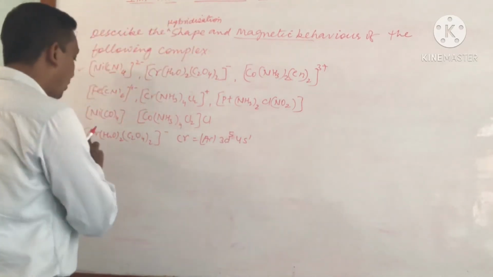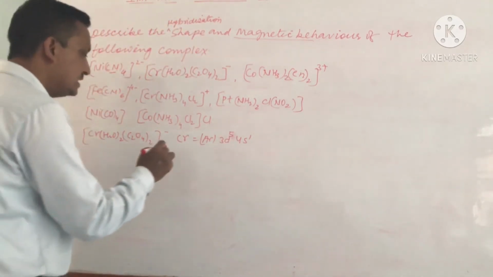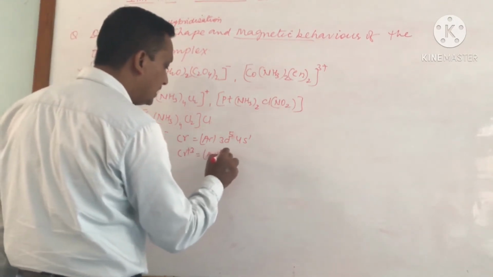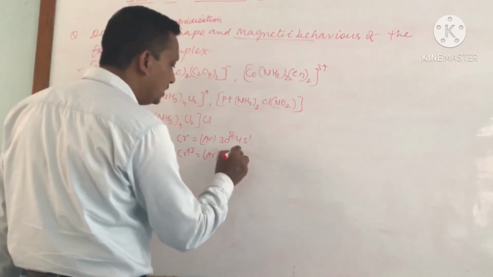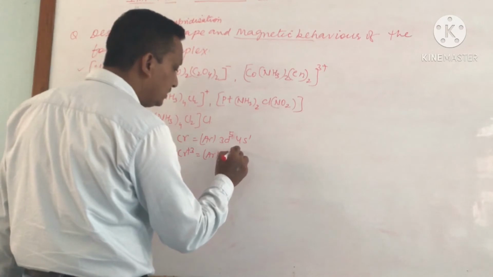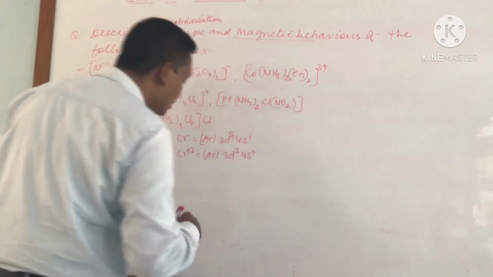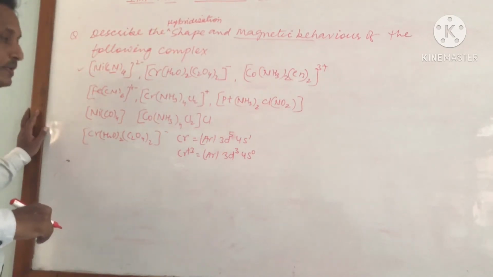Chromium is in the +3 oxidation state, therefore the electronic configuration would be 3d3 4s0, because 3 electrons are removed from the chromium atom.